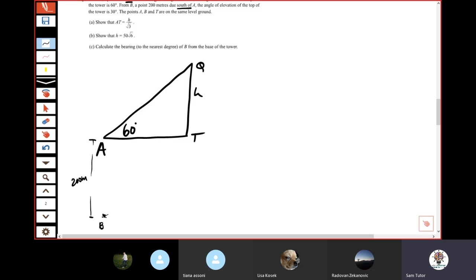And watch. Really bad, but I tried. The angle of elevation of the top of the tower is 30 degrees. So let me see if I can get this out for you guys. Can we see a 3D triangle happening there?